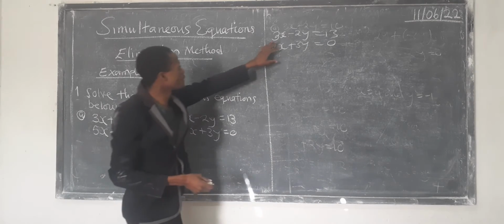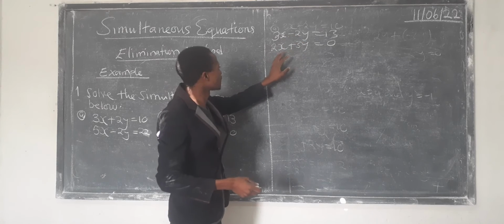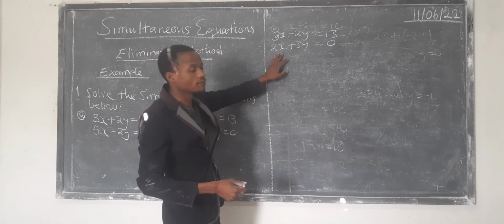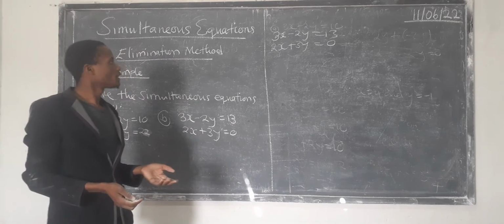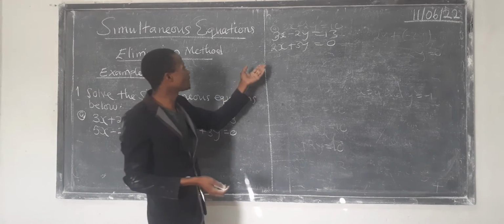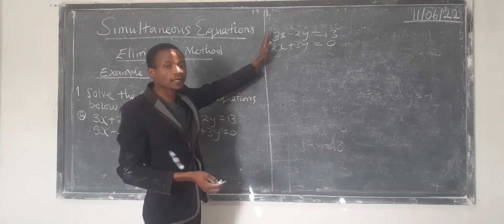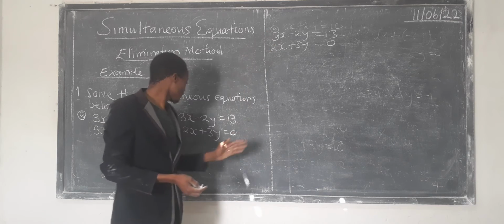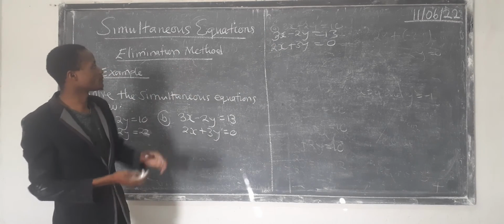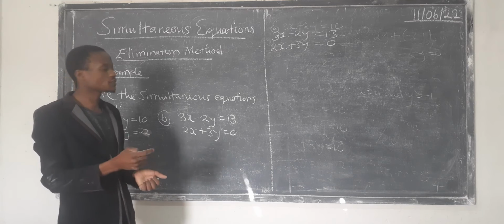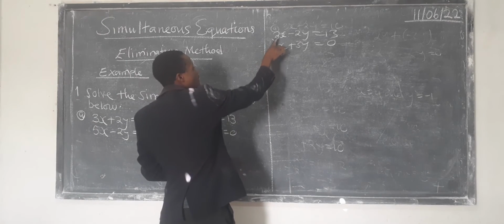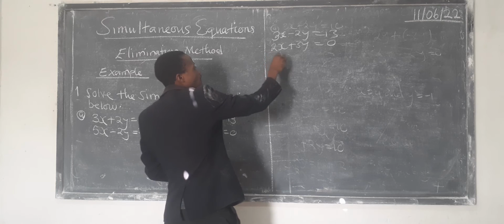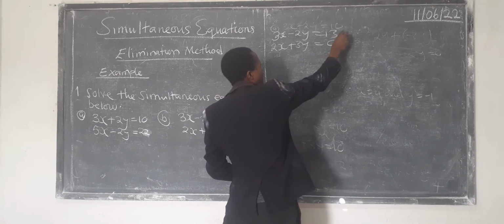Neither of these numbers are the same, so it won't be eliminated easily, either x or y. You choose the letter you want to eliminate. Since here we had eliminated y, let us eliminate x. To eliminate x, you need to make them have the same coefficients and different signs.